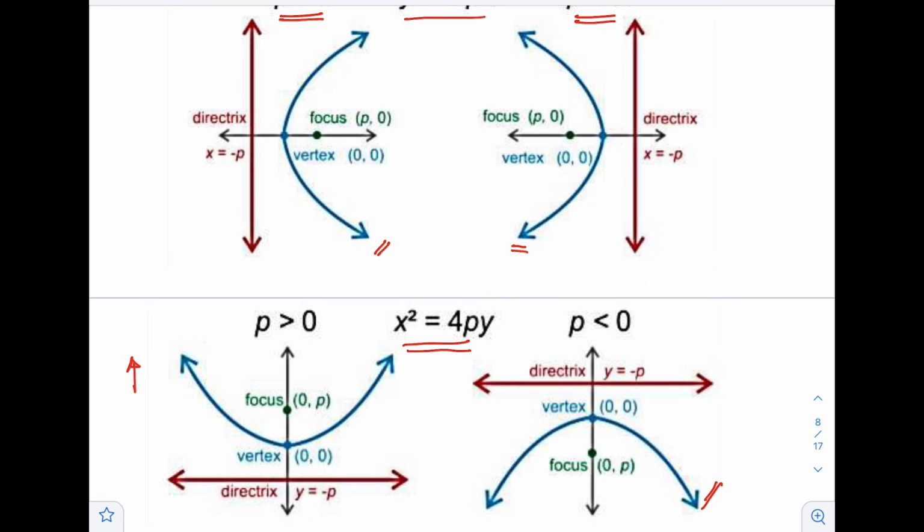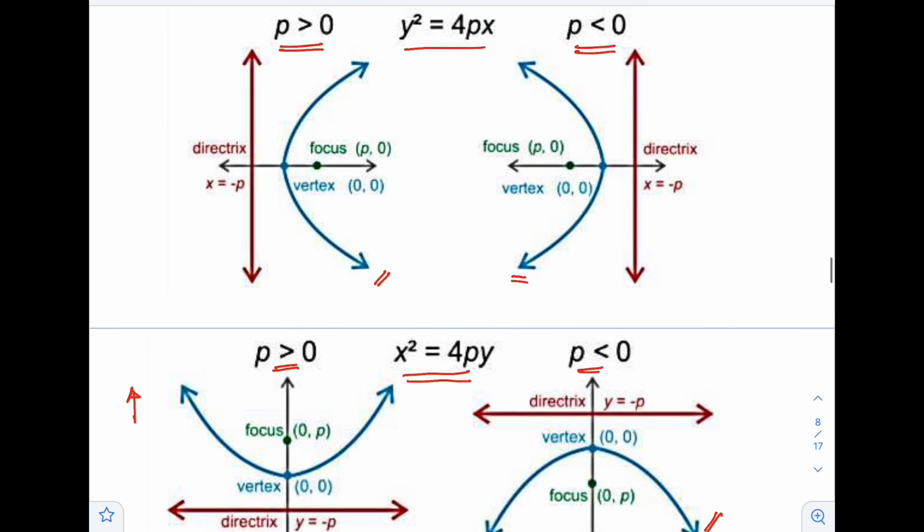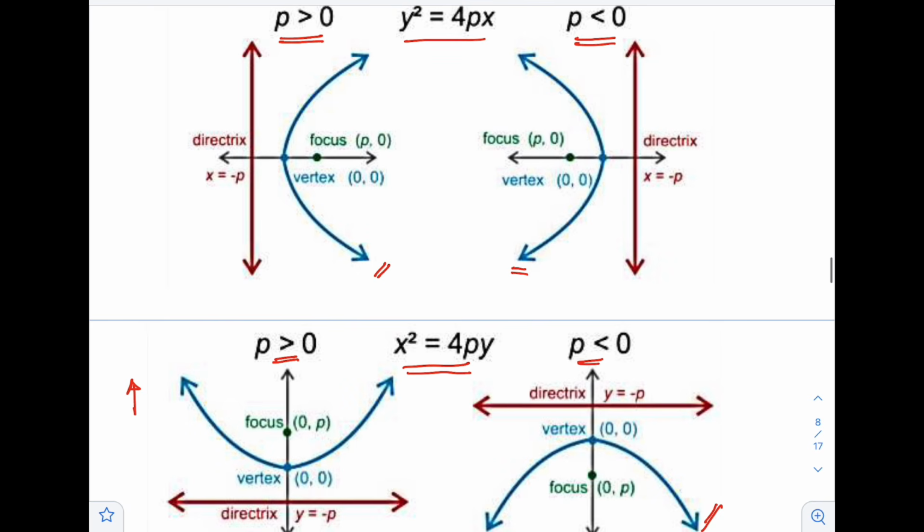So, if the value of p doon sa ating equation is greater than 0, ibig sabihin yung ating parabola opens upward. Then, if p is less than 0, the parabola opens downward. Okay? So, dito guys, kung mapansin nyo, may 4 tayong possible graph ng ating parabola.